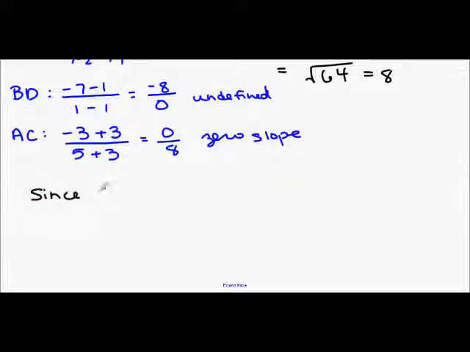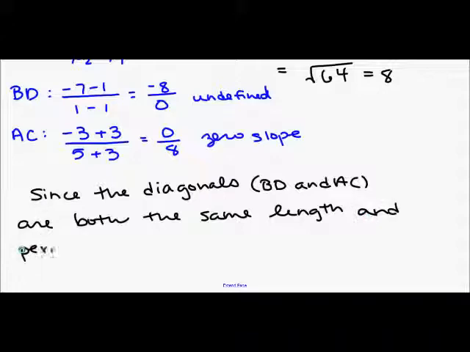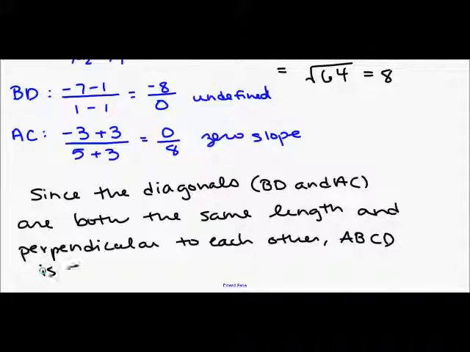So my conclusion here is, since the diagonals BD and AC are both the same length and perpendicular to each other, ABCD is a square.